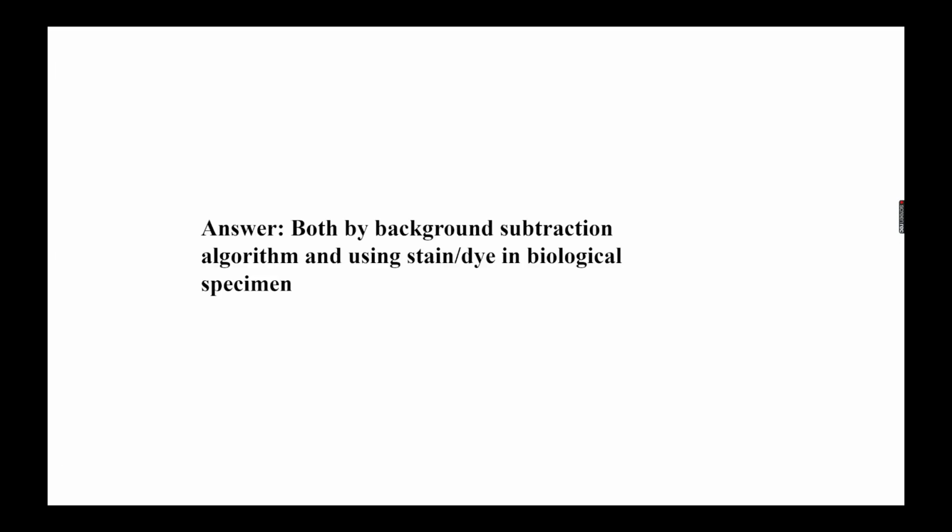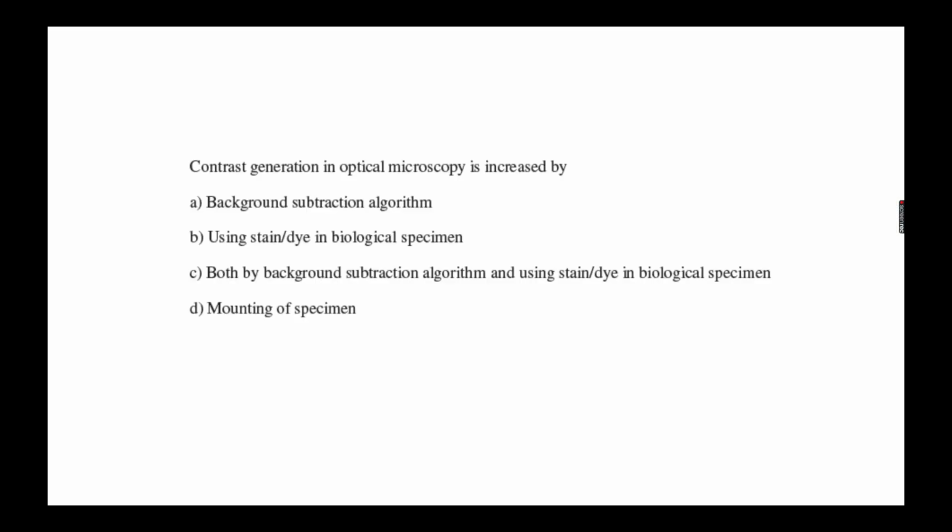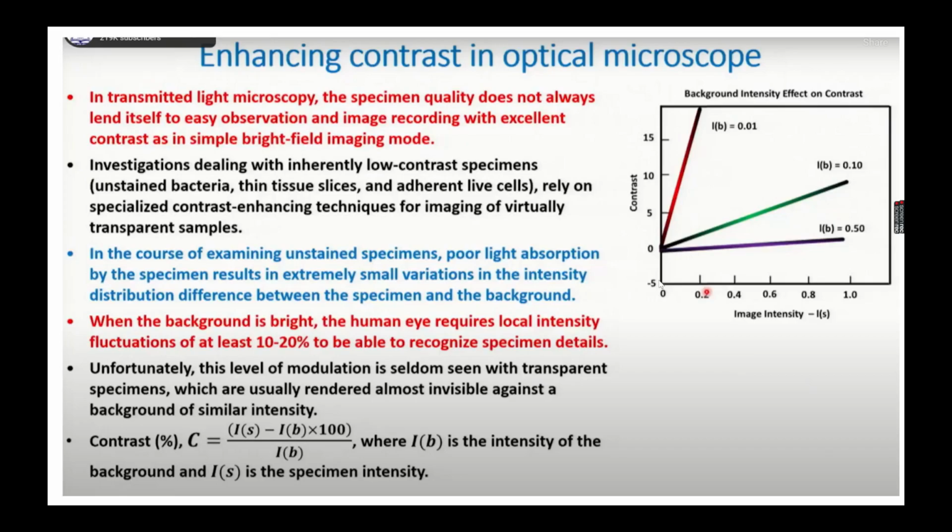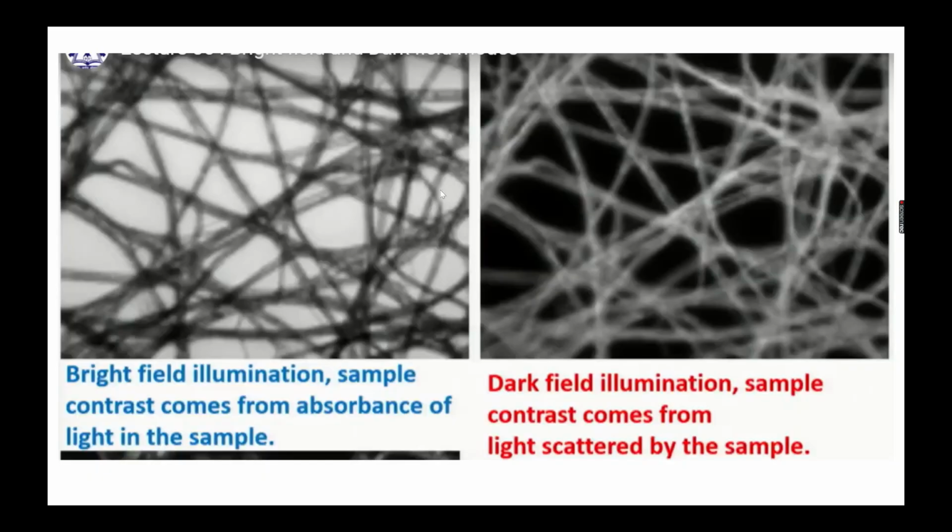Also the stain and dye. Someone said the third option, which is the right answer, and I will discuss it later also. In biological specimens or samples, it is very difficult to see the structure, because light can simply transmit through. So when we want to see a clear image and we use some kind of dye or stain, that will give you a better contrast.